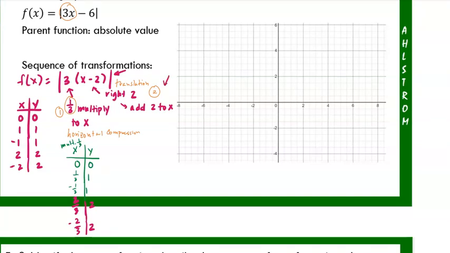After you do that, with the x points, you're now going to add positive 2. So we have 2, 0, and 2 and 1/3, 1. Notice that the y values do not change at all.